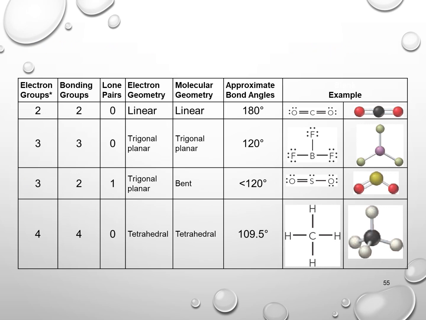So what counts as an electron group? So let's write it down. An electron group can be, number one, really obvious, a lone pair. Okay? And then it can also be any type of bond.